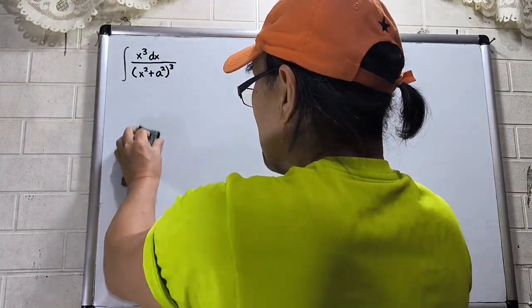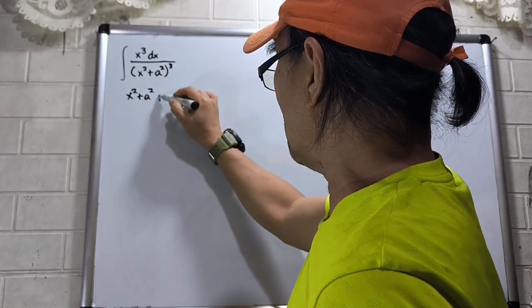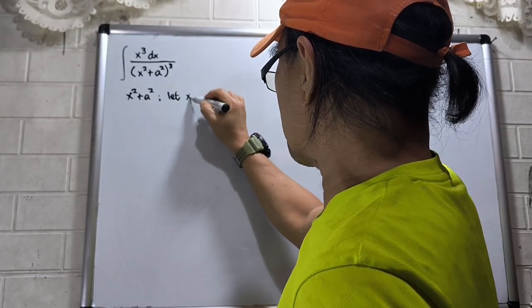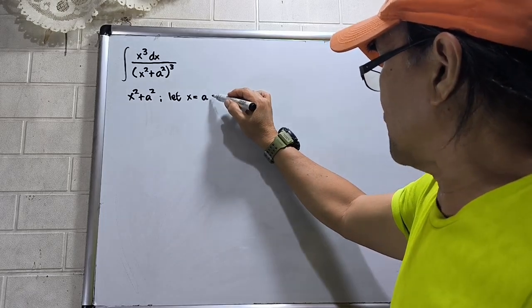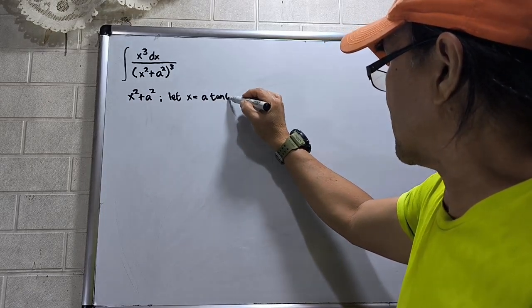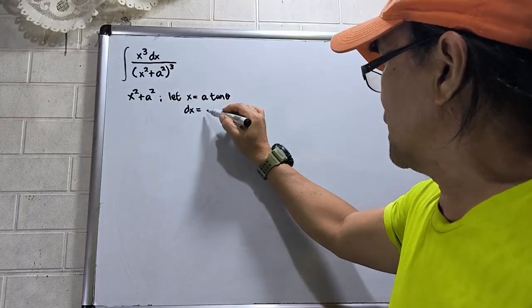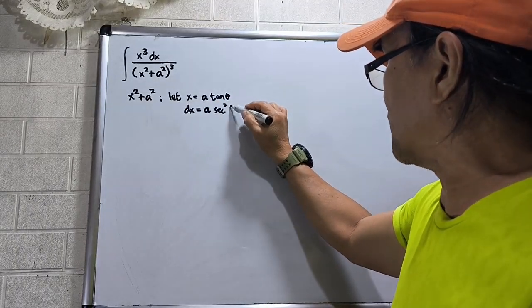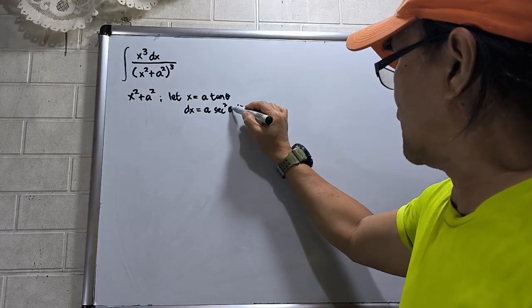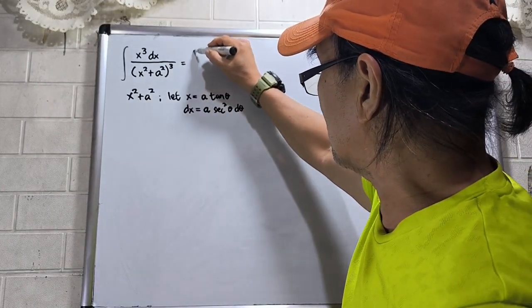Bases first. So this will be x squared plus a squared. So let x be equal to a times tangent theta. Okay, so differentiating both sides, that will be dx. A derivative of tangent, that will be secant squared theta d theta. Okay, so I will plug in the given integration.